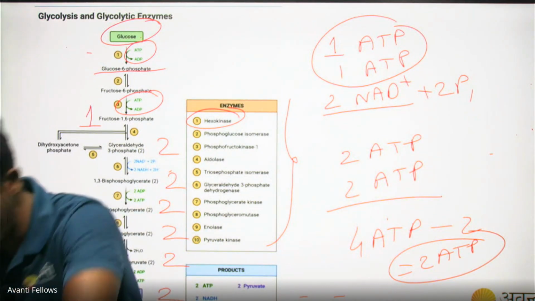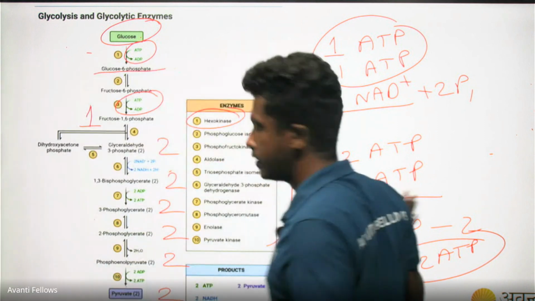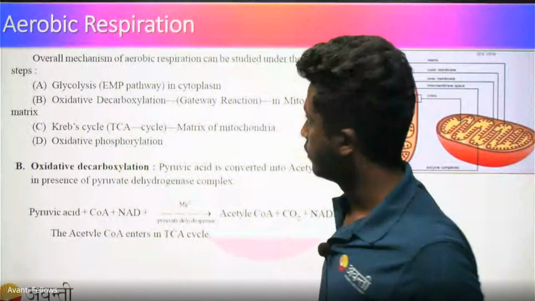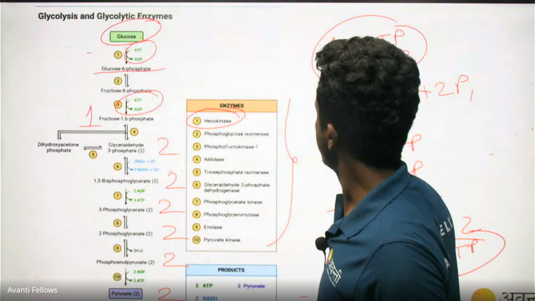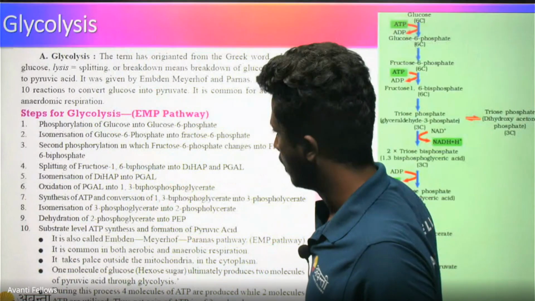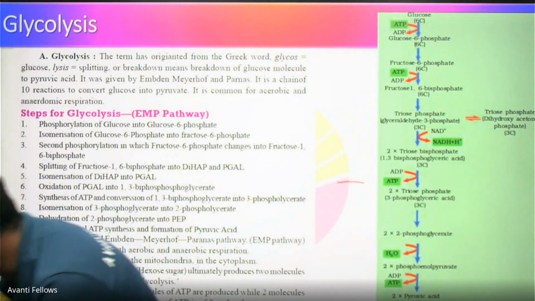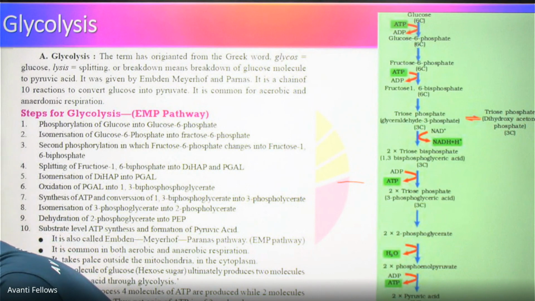We almost spent an hour talking about glycolysis. So it becomes easy once we move on. Is it understood? Just give me an assurance that I can move further, or should I repeat?